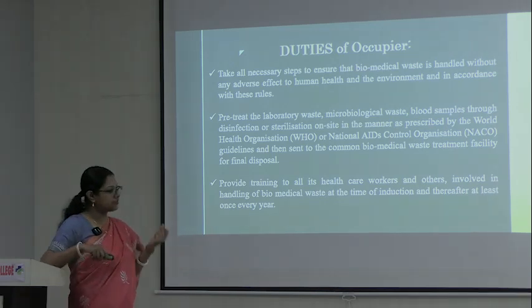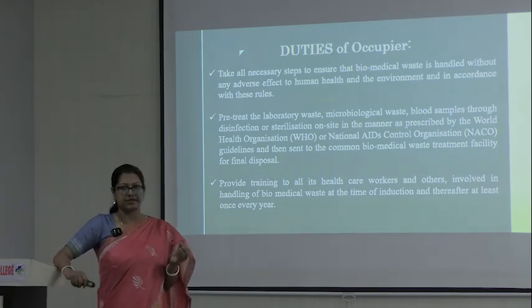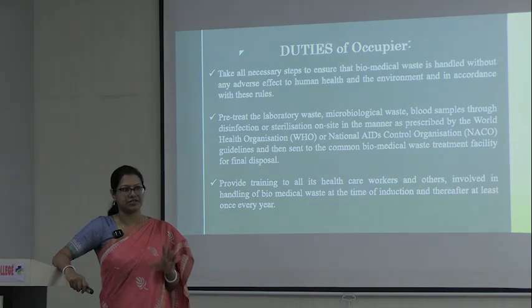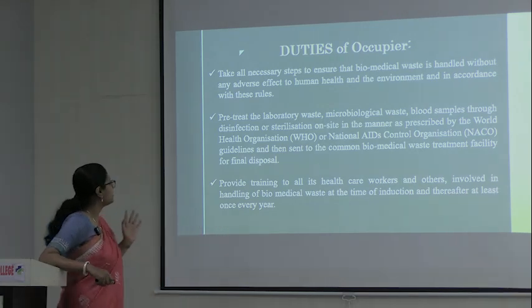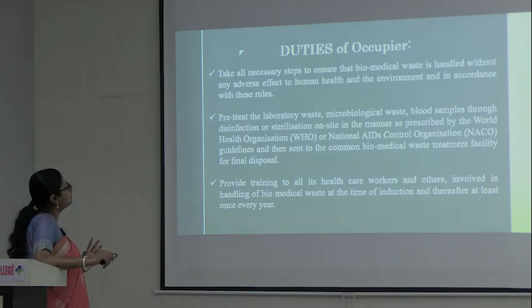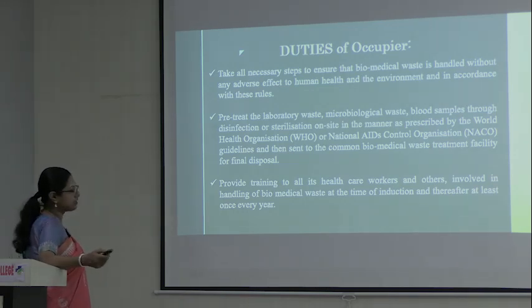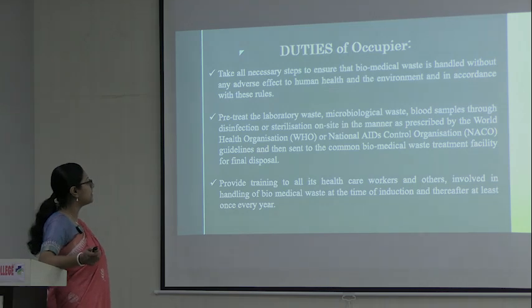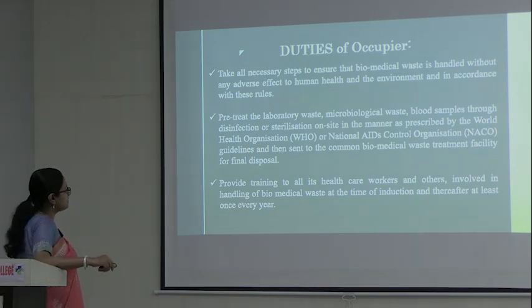So sometimes these wastes need some pre-treatment at the place of generation itself. After the pre-treatment, we'll store it and then send it for disposal to the actual biomedical waste treatment facility. So an occupier should know how to pre-treat the laboratory waste, for example microbiological waste and blood samples, through disinfection or sterilization on site.